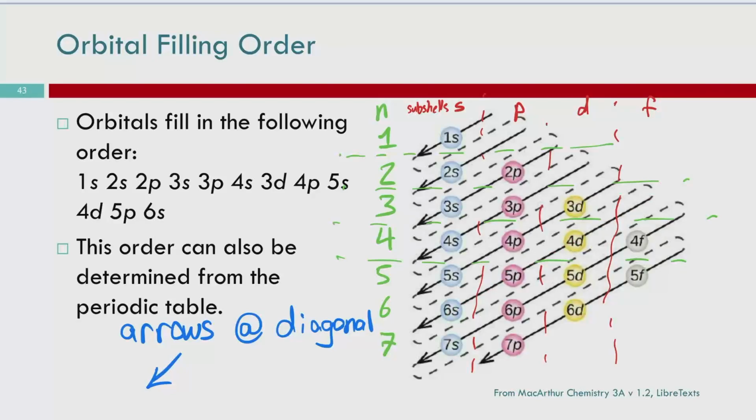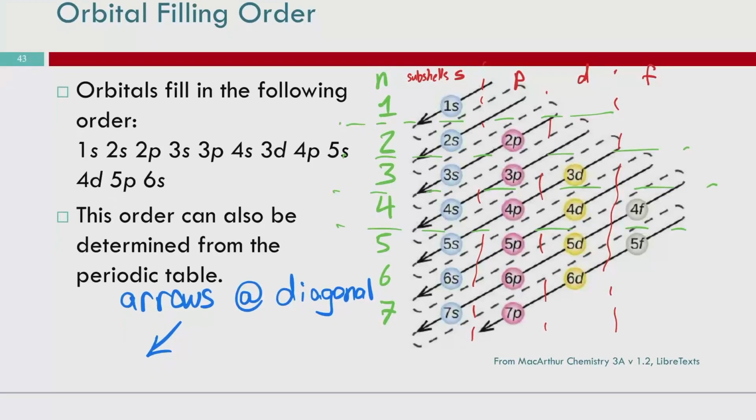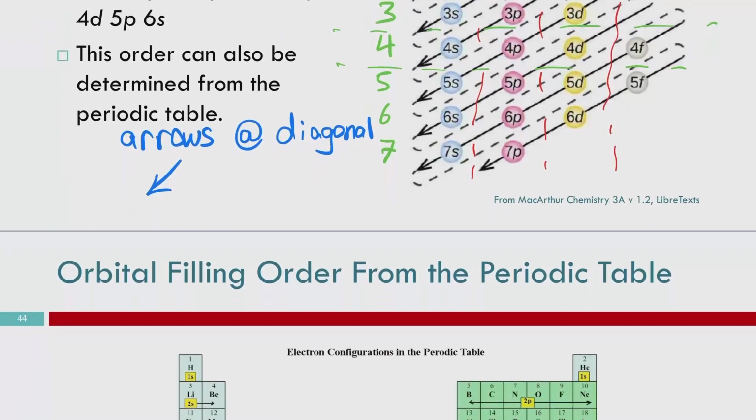This will get you the correct energy filling orbital order, which I think is cool. There's a better way to do it, by the way, but I think that this is a cool way of being able to do it. So if you want to remember them this way, you can, but we will learn a cooler, easier one that doesn't require you to remember how to put it together. But this will get you, again, the correct orbital filling order.